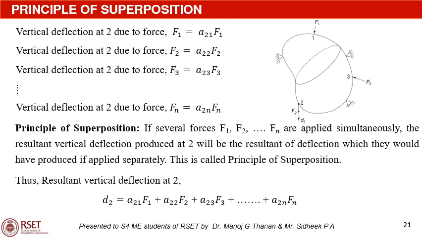This is called the principle of superposition. Thus, the resultant vertical deflection at point 2 is given by d2 equal to A21 into F1 plus A22 into F2 plus A23 into F3 plus etc. up to A2n into Fn.